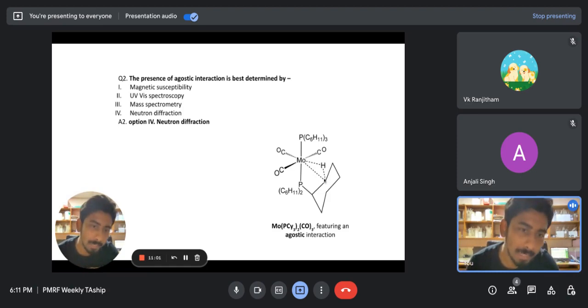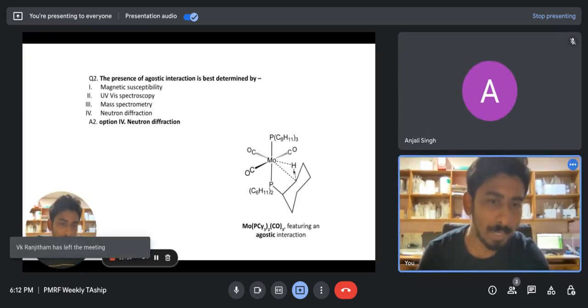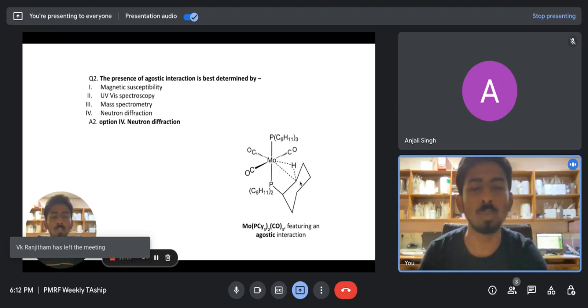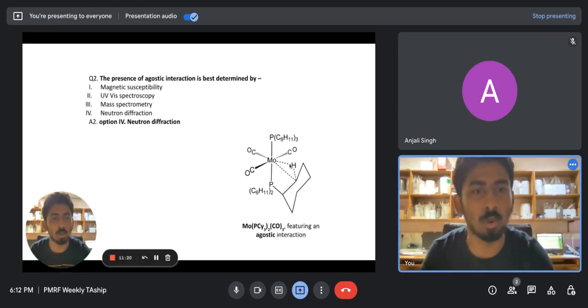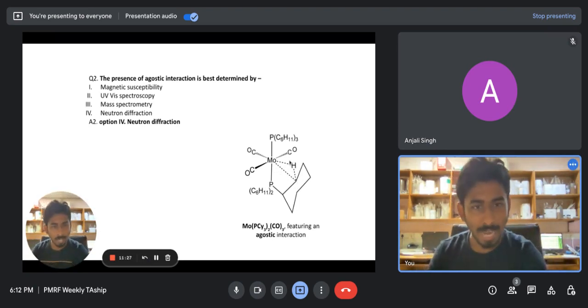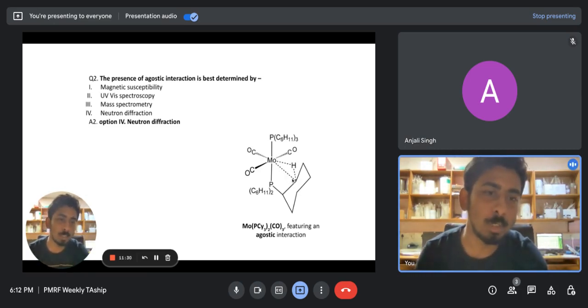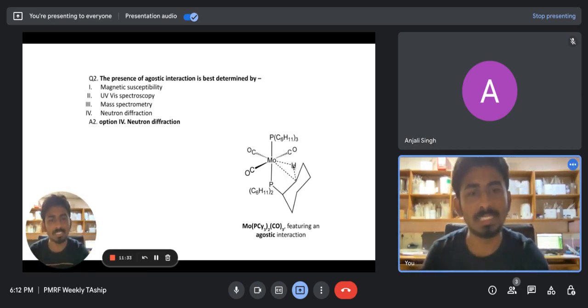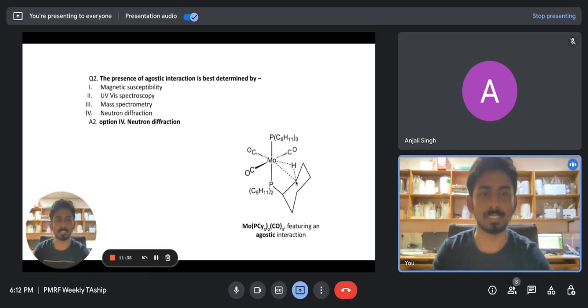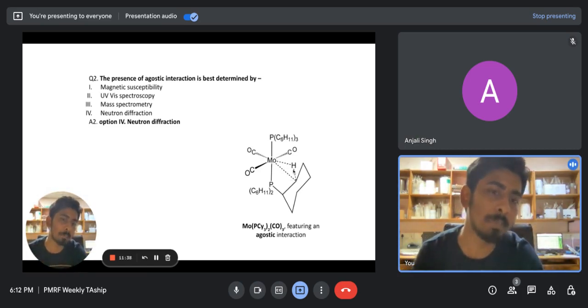The molybdenum is also engaging with both the hydrogen and the carbon. That's why we have 3 centers: molybdenum, hydrogen and carbon. But the electron number is 2, because only this CH bond has 2 electrons. All these bonds are not perfect bonds but interactions in space. So this agostic interaction is a 3-center 2 electron bond, where the 2 electrons are delocalized among 3 heteronuclear centers: molybdenum, carbon, and hydrogen.